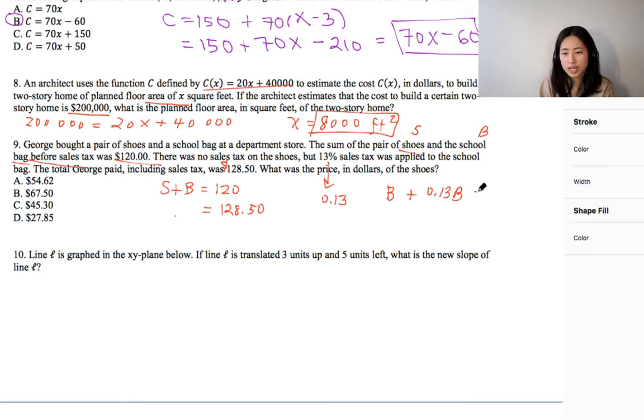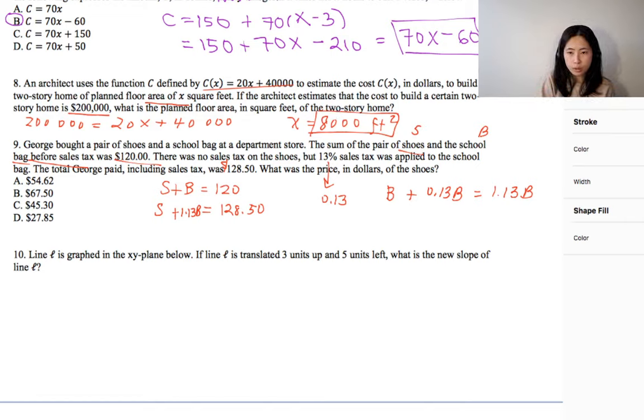So technically you're paying 1.13 of the cost of the bag. Does that make sense? So it's not just 0.13 of B, it's actually 1 plus 0.13, which is 1.13. So this should be S plus 1.13B. So that's how you formulate your equation.